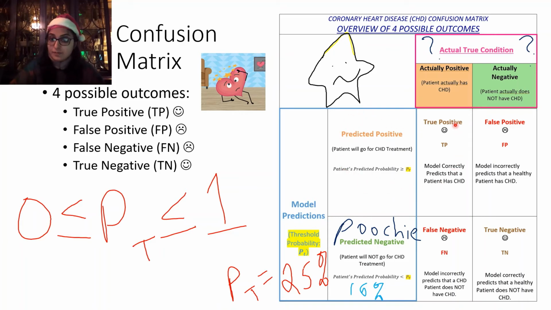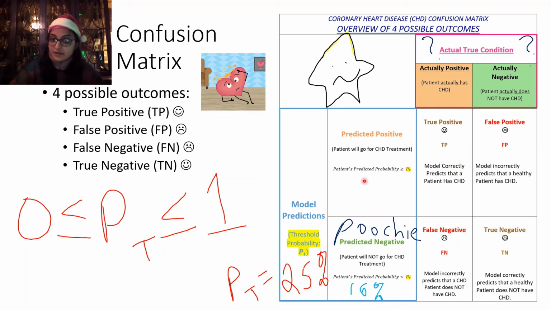And the true positive, this is sad though, but at least it's better than the false negative. At least in the true positive, when the patient actually is positive, instead of wrongly predicting they don't have the CHD, the model correctly predicted that a patient has coronary heart disease, and the threshold was reasonable, so the patient also was predicted as being positive.